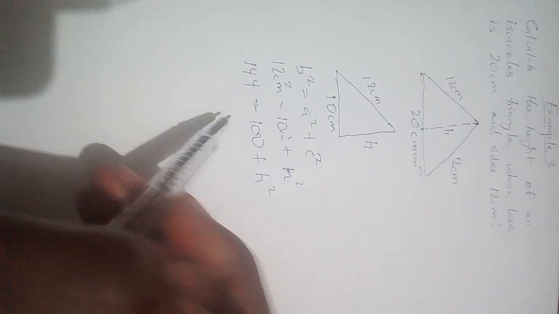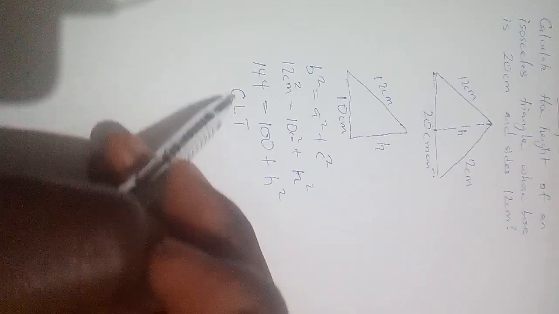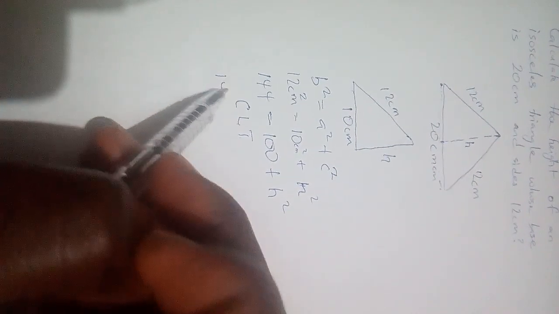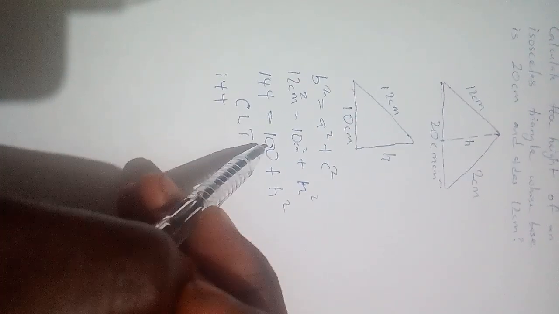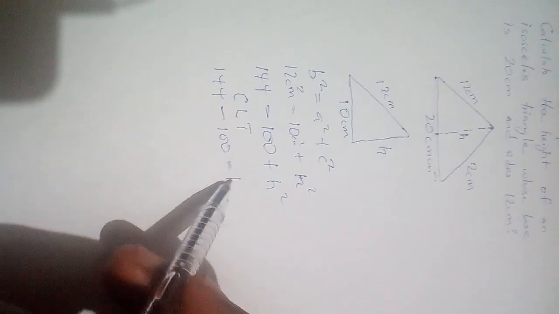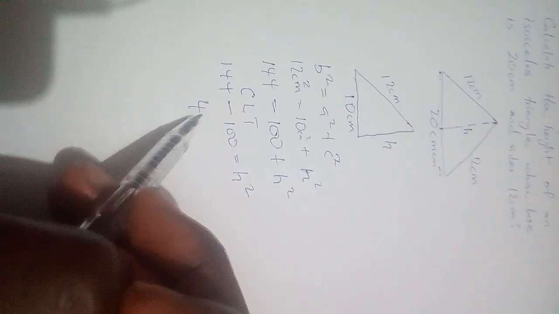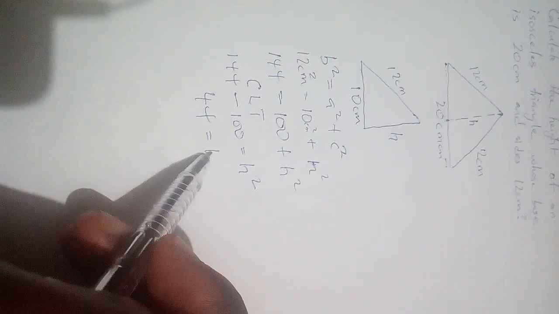All right, so by the time we connect our like terms, CLT, connect like terms, this will become 144. 100 crosses the equal to sign to become minus 100 equal to, this will be left, h square. All right, 144 minus 100 is 44, which is equal to h square.